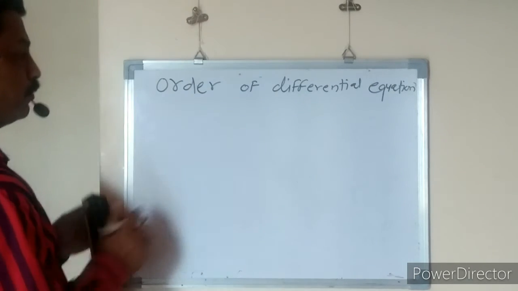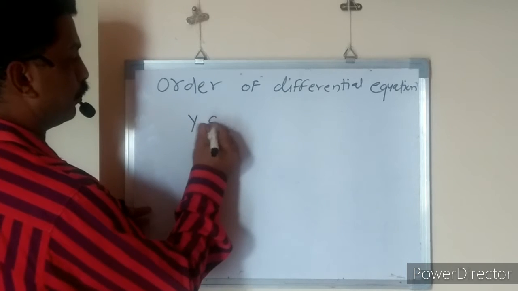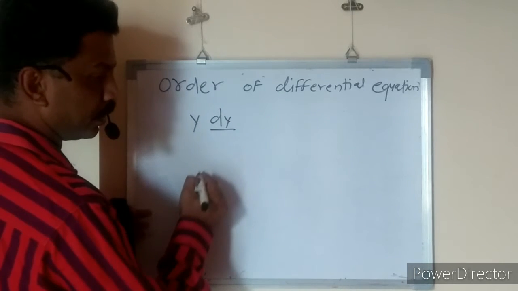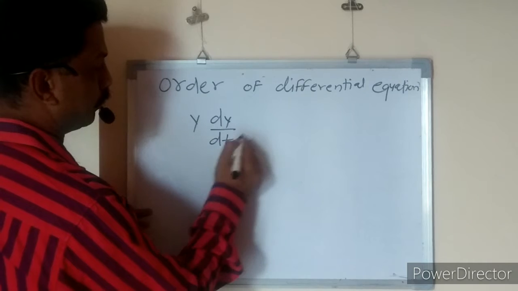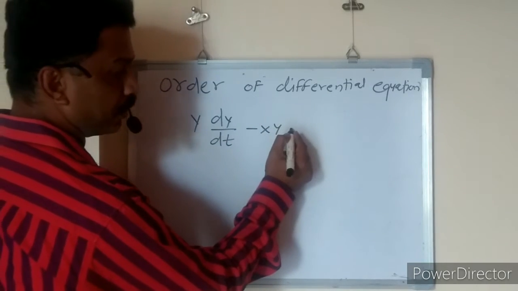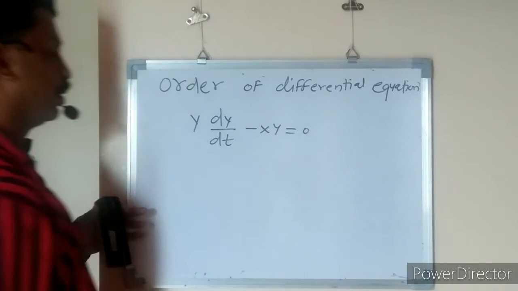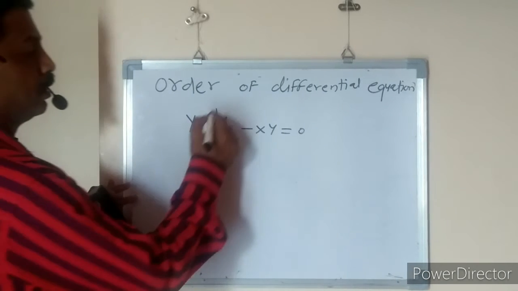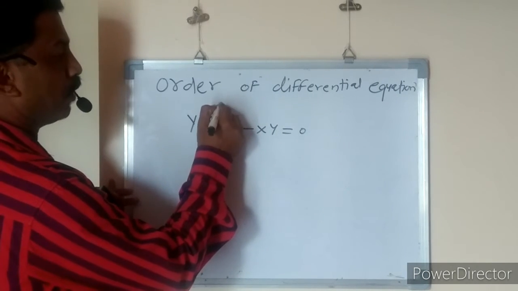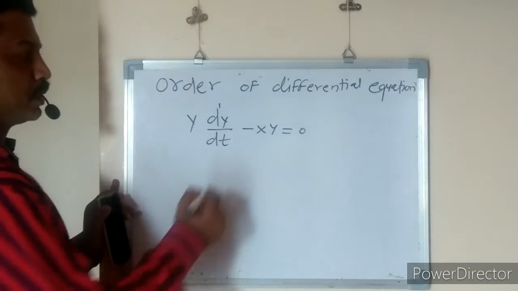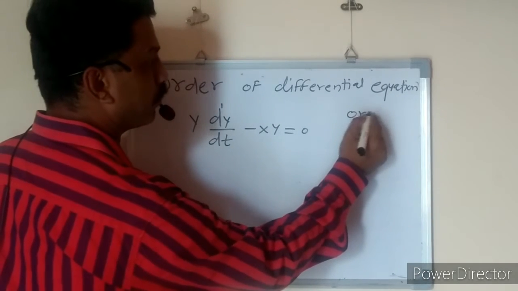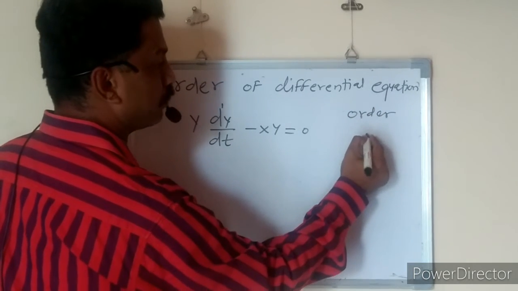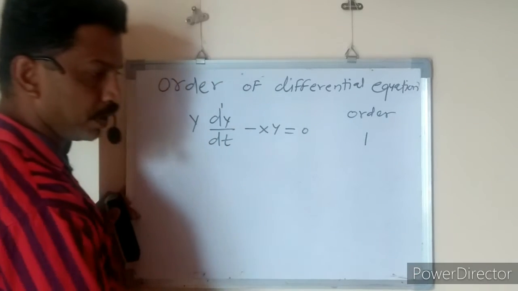Suppose we take one example, y dy by dt minus xy equal to 0. Now here dy by dt, so the power of d is 1. So we say that the order of this particular equation is 1.